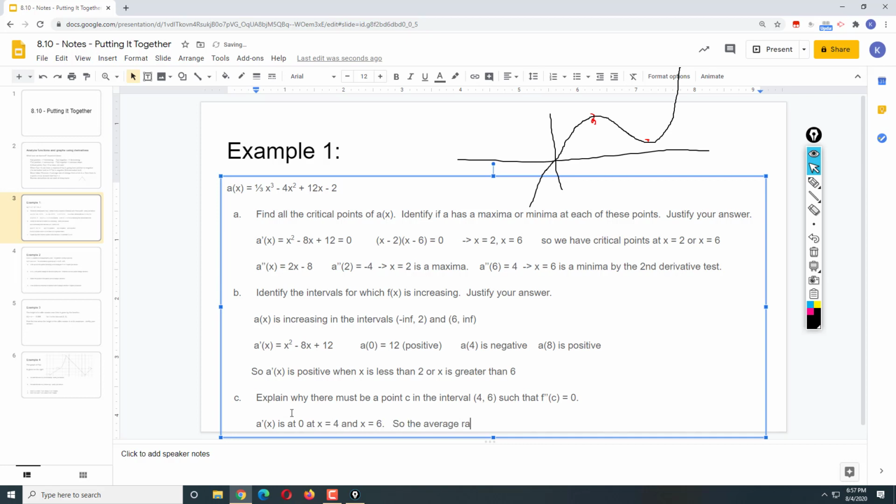So the average rate of change of the first derivative must be 0 in the interval from x equals 4 to x equals 6. If it's 0 at 4 and 0 at 6, the average rate of change must also be 0.